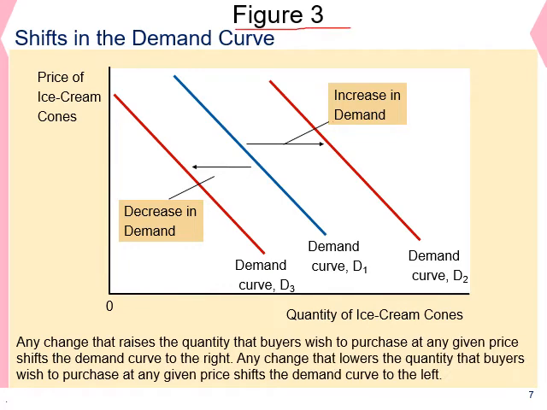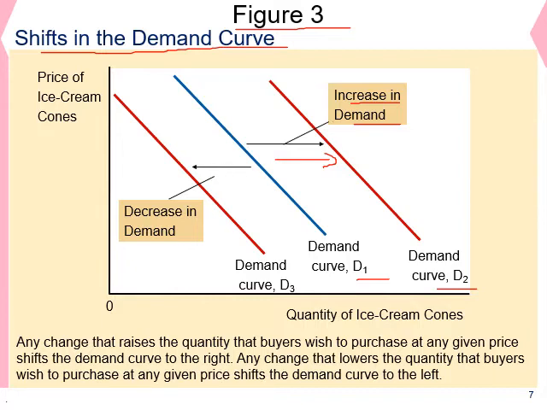Figure 3 shows the two different types of shift in the demand. Increase in the demand, so the demand curve will increase and shift to the right from D1 to D2. So one example would be number of buyers increases, income increases, okay?